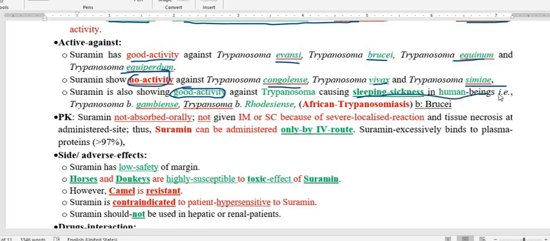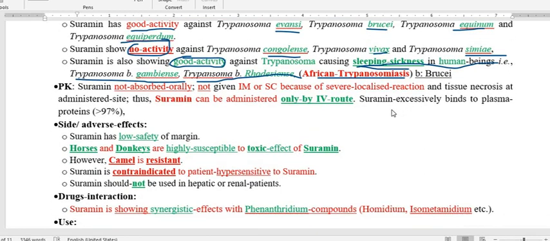The drug also shows very good activity against African trypanosomiasis, which leads to sleeping sickness in human beings, caused by Trypanosoma brucei gambiense and Trypanosoma brucei rhodesiense. So in humans, suramin is used for the therapy of African trypanosomiasis.